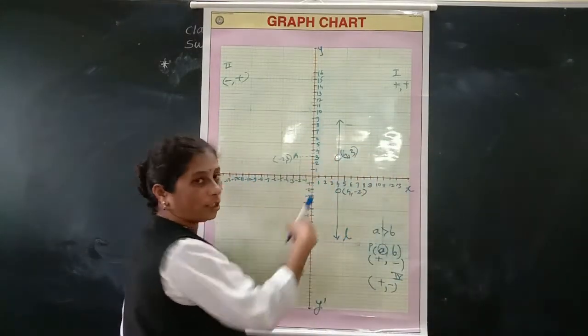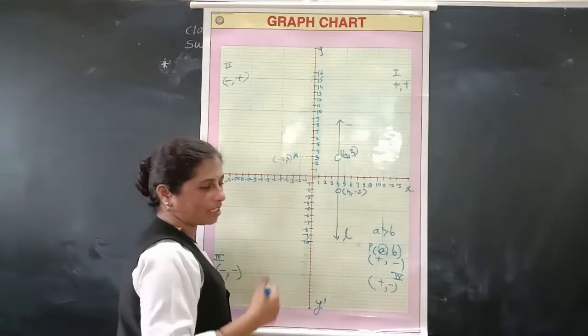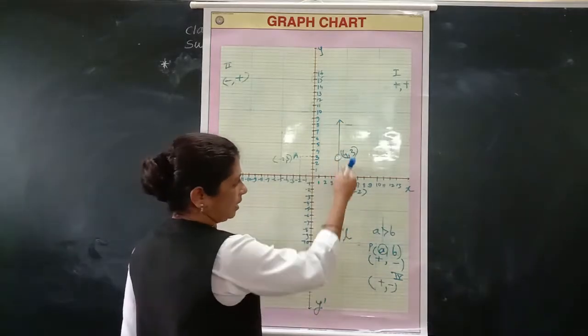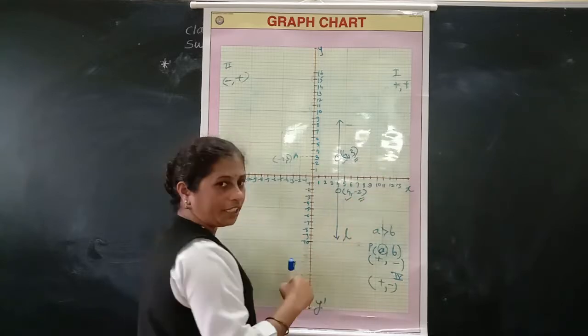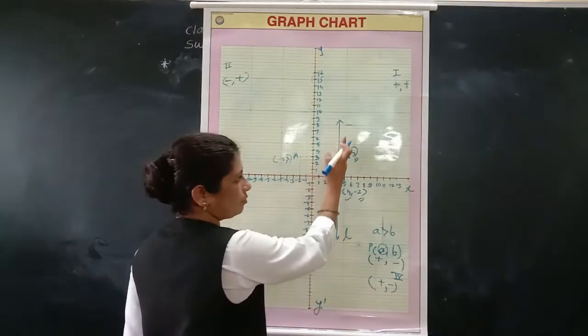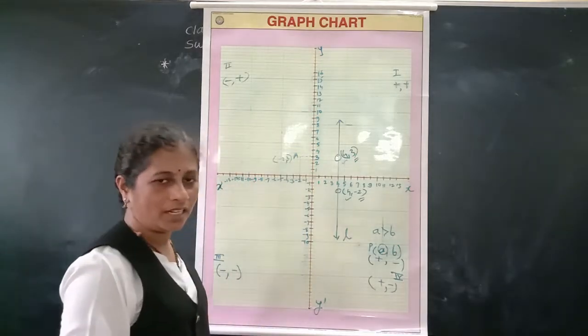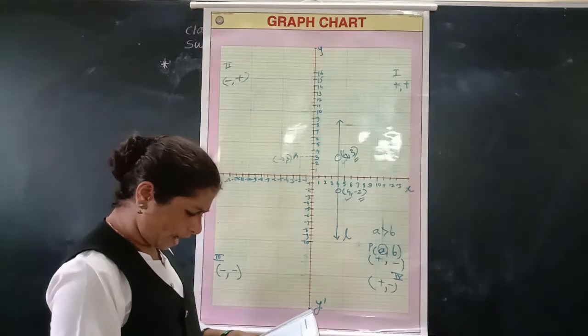Of course, this line is parallel to the y-axis. Before that, in one example we explained, when the abscissa is the same and the ordinate is different, abscissa means what? X. Then the line is parallel to which axis? Y-axis. Understood everyone?